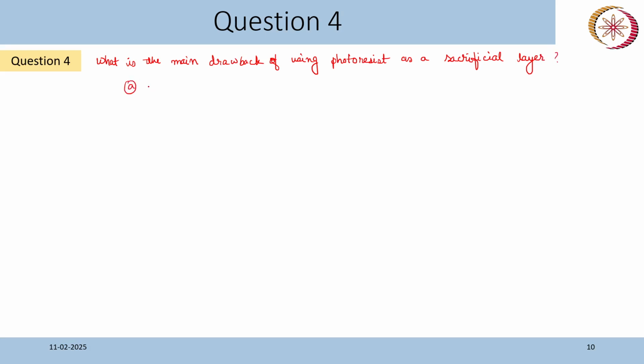Option A is it is difficult to deposit. B is it is not compatible for high temperature processes.